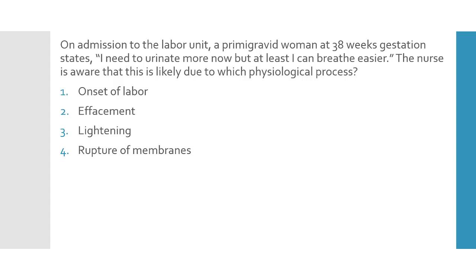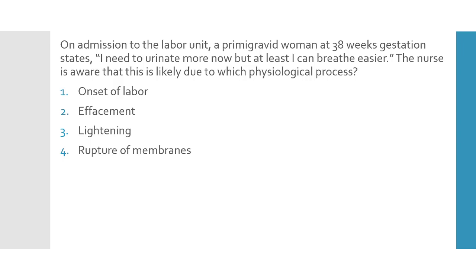Number 1, onset of labor. This answer is incorrect. These are not signs of the onset of labor. Number 2, effacement. This answer is incorrect. Effacement is thinning and shortening of the cervix and does not affect pressure on the bladder. Number 3, lightening. This is the correct answer.